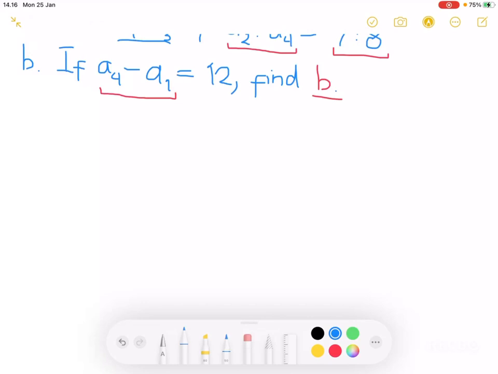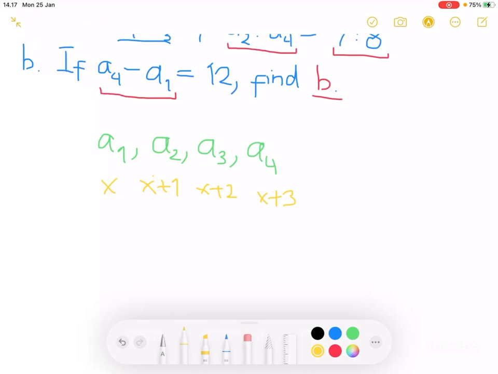So given our consecutive multiples, a1, a2, a3, a4, notice they have consecutive orders. For example, we'll call this position x, where x is a positive integer. So this is position x, this is position x plus 1, this is position x plus 2, and this is position x plus 3.